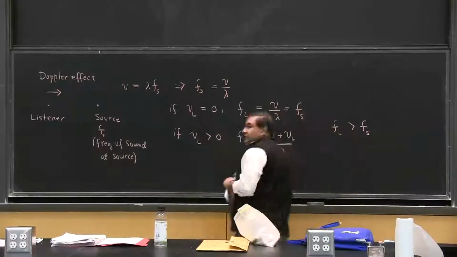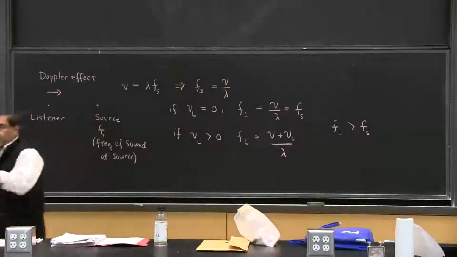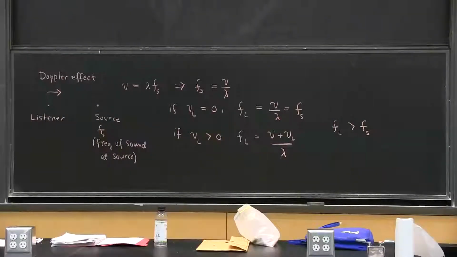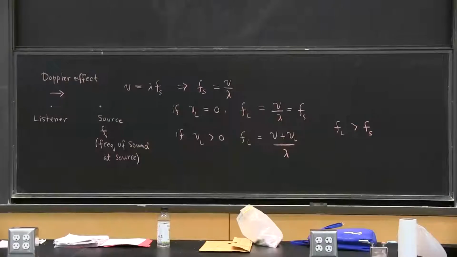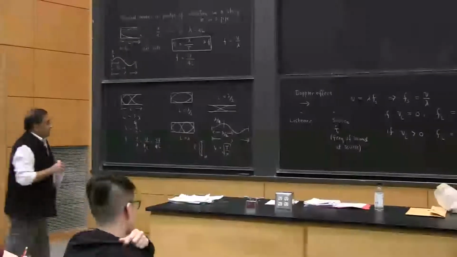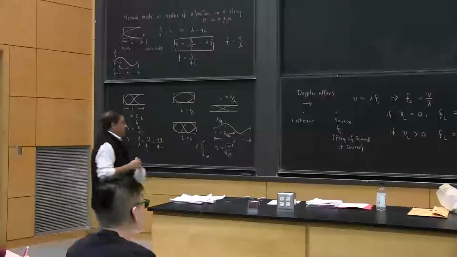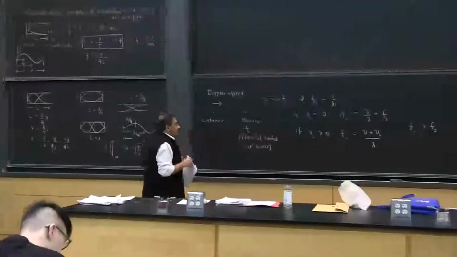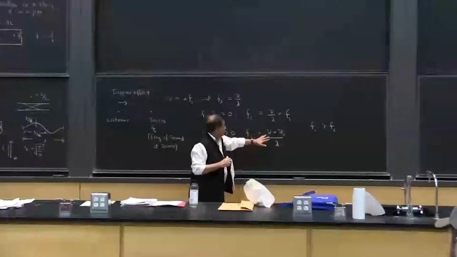So that is the explanation as to why, if the source is coming towards you or you are going towards the source, you hear a higher frequency, because the effective velocity at which the sound hits your ear is going up. So V plus VL.